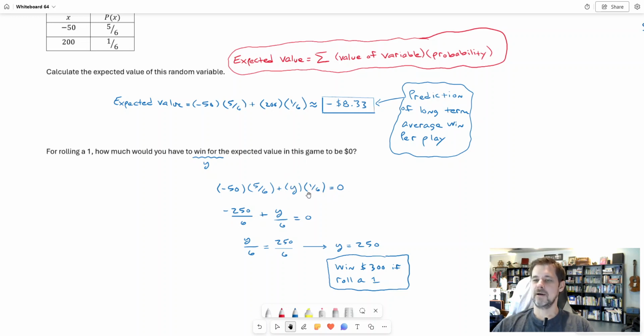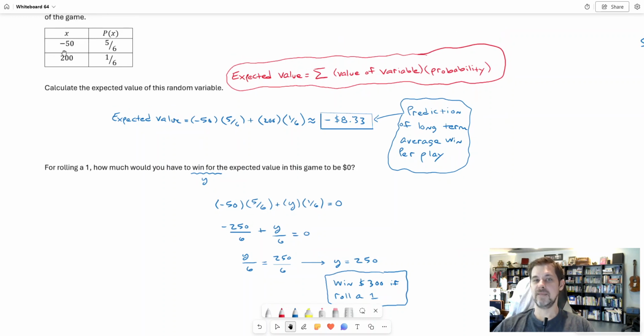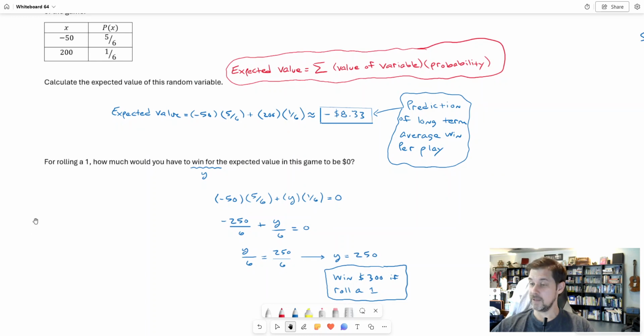Okay, if I do a little multiplying, I get -50 times 5, that's -250/6, and y times 1, that's y/6. Move the 250/6 to the other side, it now becomes positive 250/6. Multiply both sides by 6, I get y to be 250. So this number on my table would have to be 250 for a long-term break even to happen.